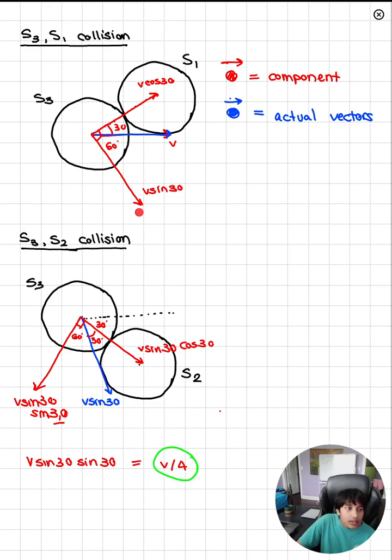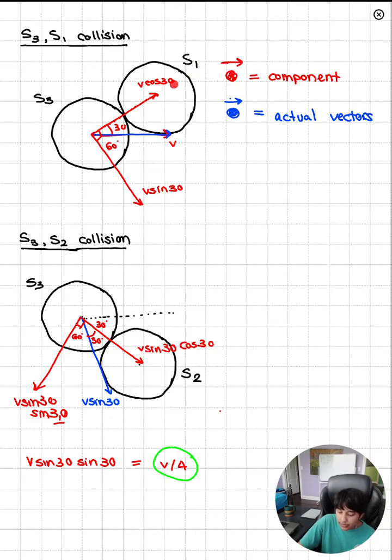Okay? So the v cosine 30 will be the component with which it is colliding with S1. But remember what we just said, S3 and S1 have the same mass.